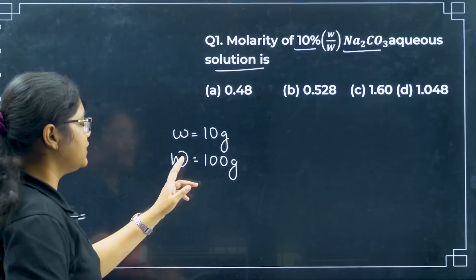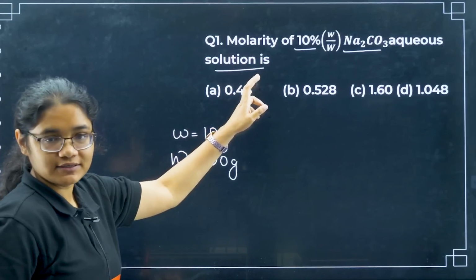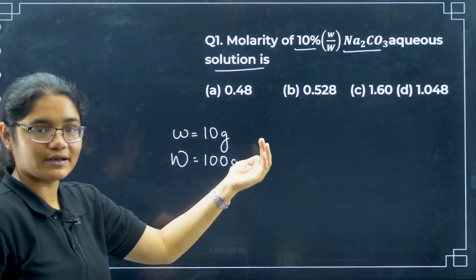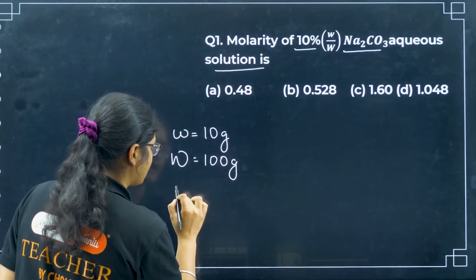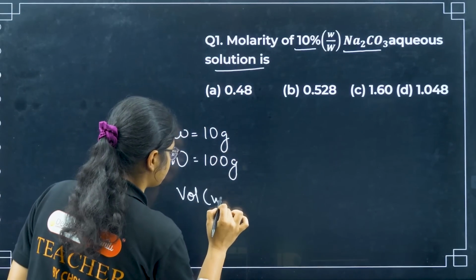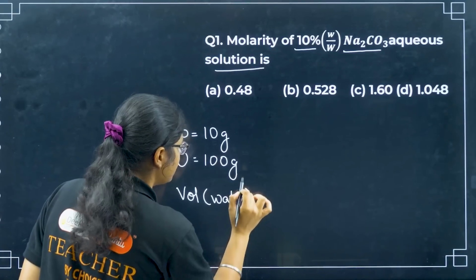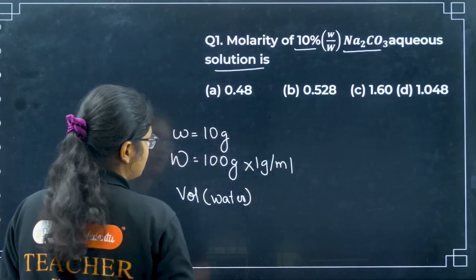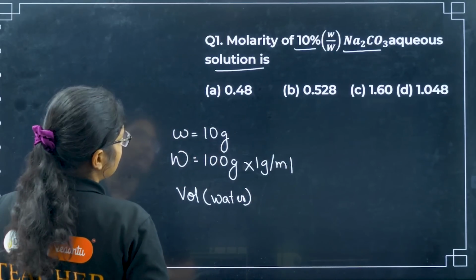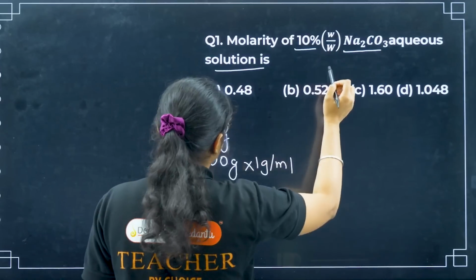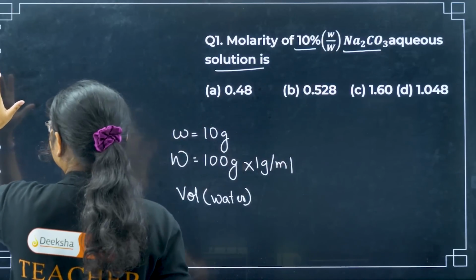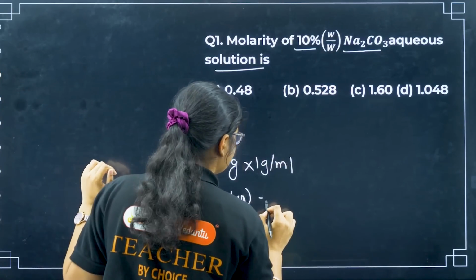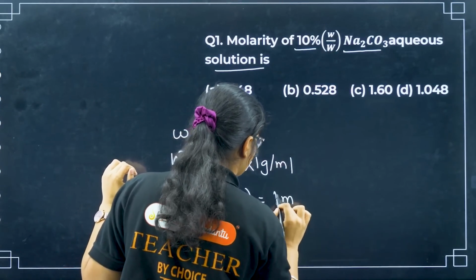It is an aqueous solution, so the density is 1 gram per ml, so the volume will be 100 ml.